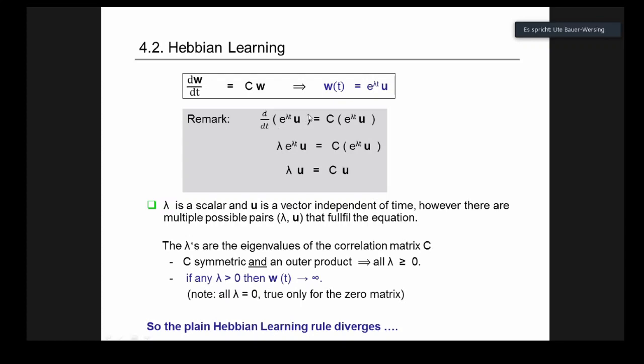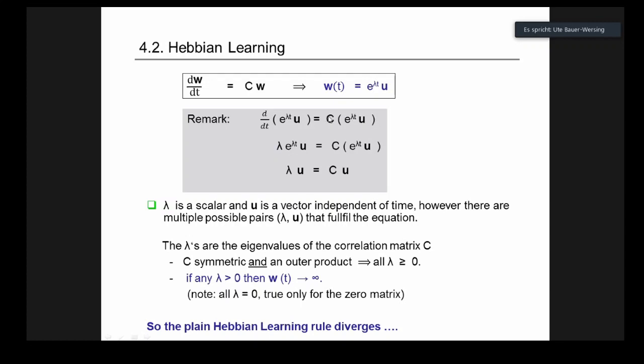When we take the derivative of this side, we end up with lambda times e to the lambda t times u, because the derivative of the exponential function is the exponential function itself, and you apply the chain rule, so you put the lambda in front of it.